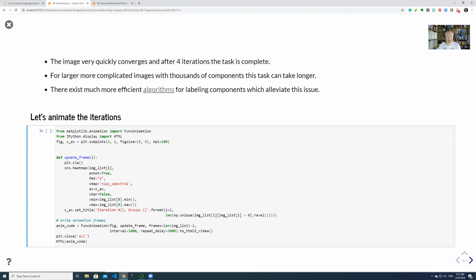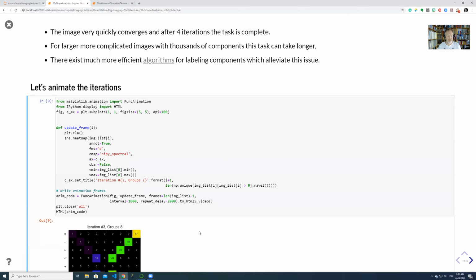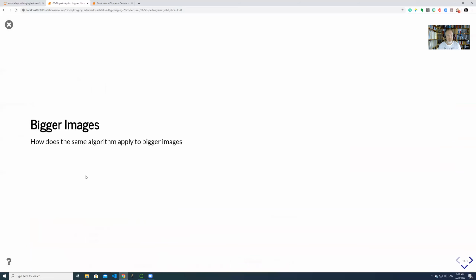But let's look at the iterations of this one. What happens? Here you can see how it animates in a more illustrative way. So it's a little nice movie where you can see what happens. You can also see how many groups you get, and so it continues. So let's go to a little bit bigger images. How does this algorithm apply to something more than 9 by 9 pixels?